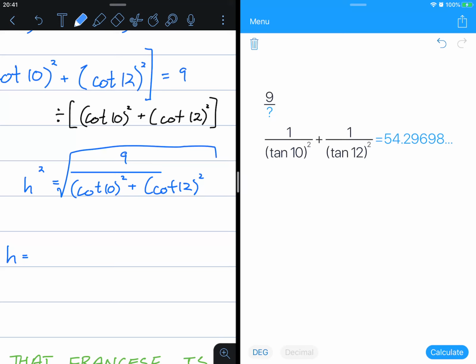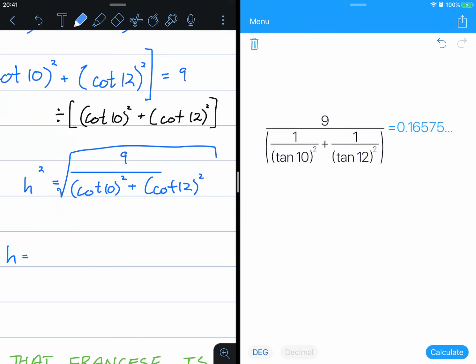Whoops. 9 divided by everything, it should be. Let's get rid of that. 9 over everything. There we go.